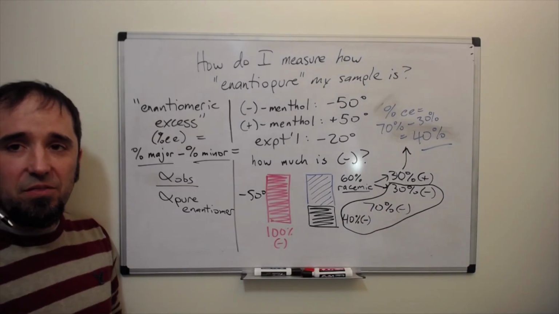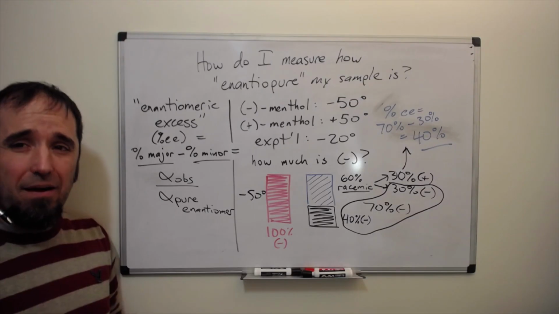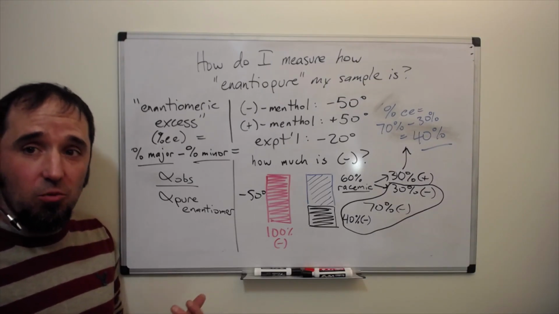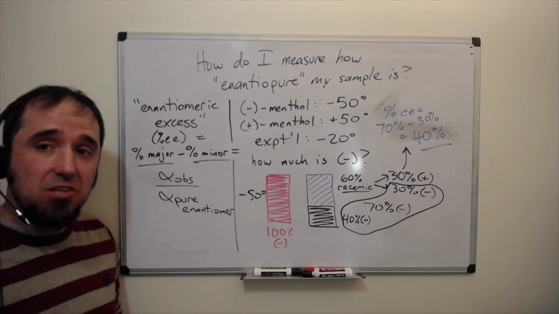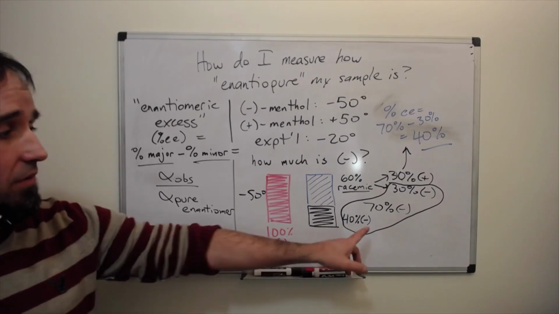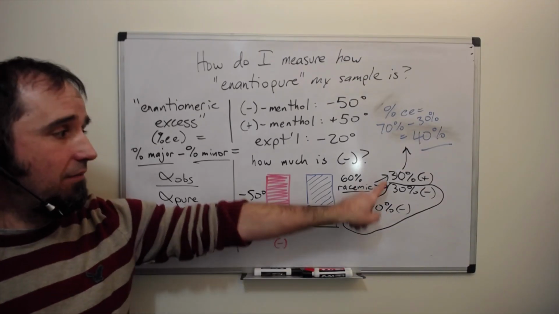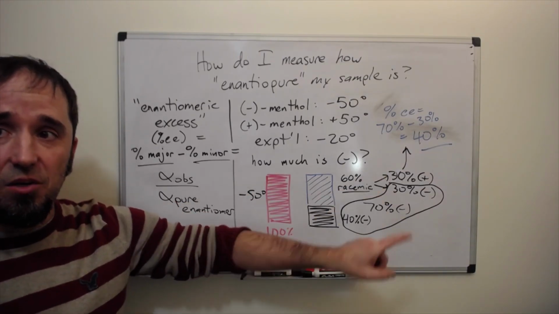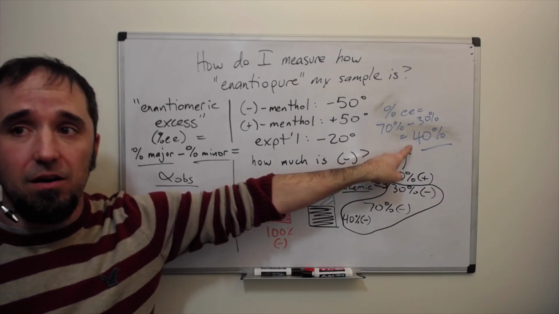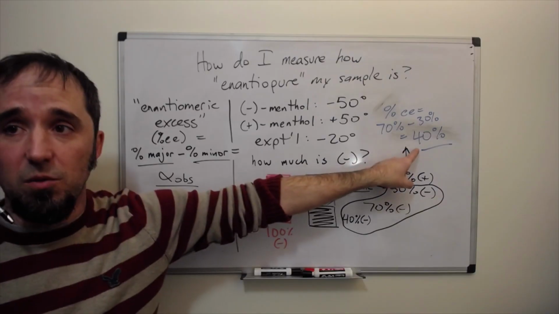So one way to think about this is in terms of enantiomeric excess, or percent EE. In its simplest form, that's simply the percent of the major minus the percent of the minor enantiomer. So here I've got 70% minus, I've got 30% plus. So 70 minus 30 is 40. So the percent enantiomeric excess of this mixture would be 40%.